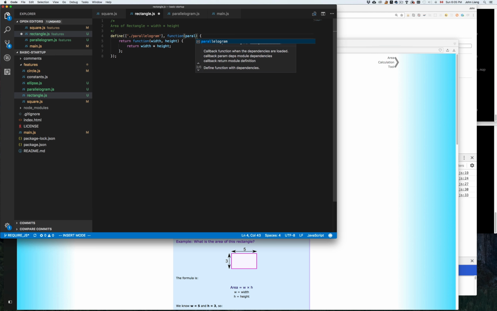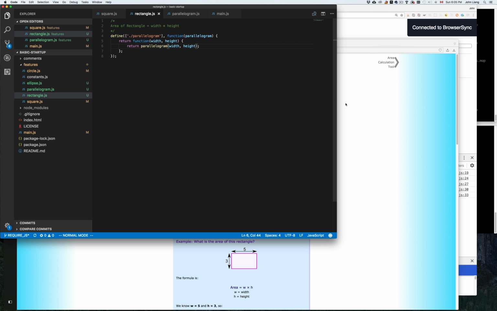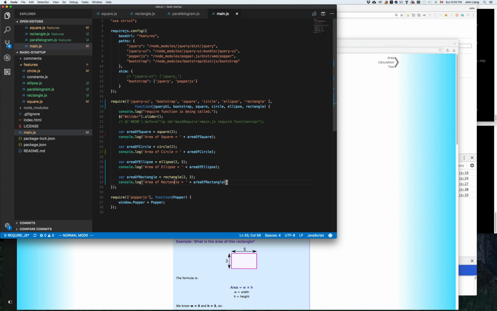And the function equals to parallelogram, width, which becomes the base, and the height stays the same. Okay, let's save it. And one more thing, we need to display the area of parallelogram.